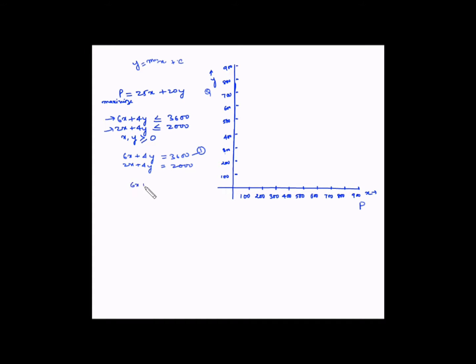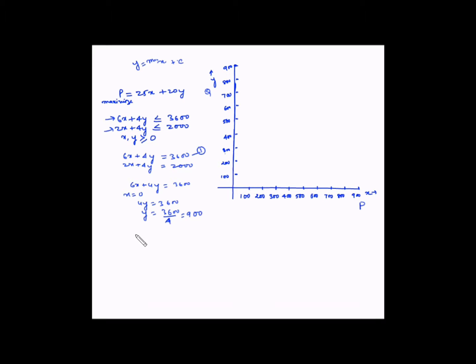So we have 6x plus 4y is equal to 3600. Let's put x is equal to 0. So we get 4y is equal to 3600, or y is equal to 3600 by 4 is equal to 900. So on the y-axis, this line will intercept at this point 900.